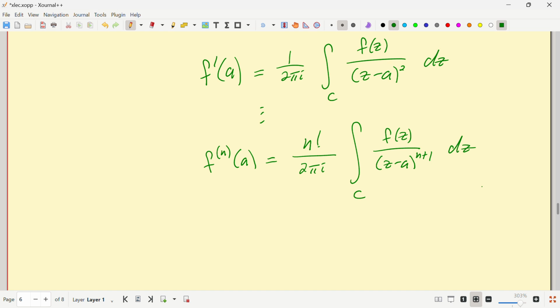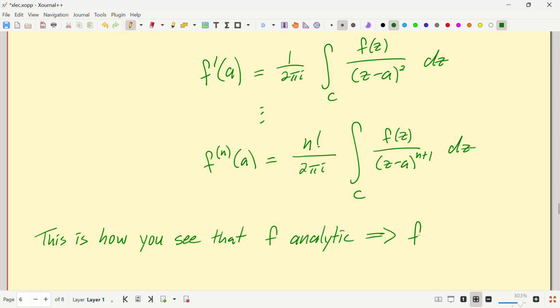And this is exactly how you see that f analytic implies f prime is analytic, because those formulas I can differentiate indefinitely.